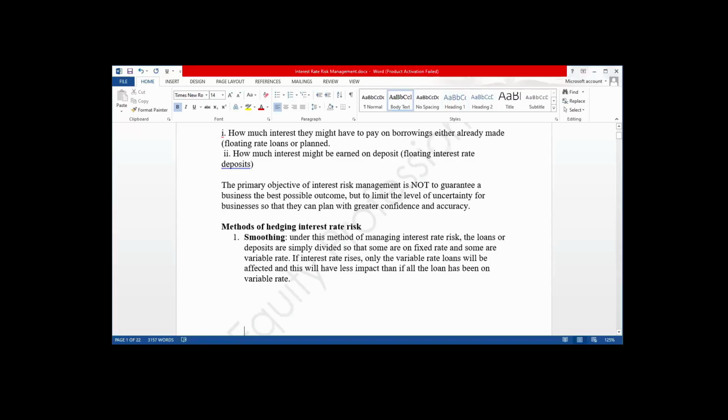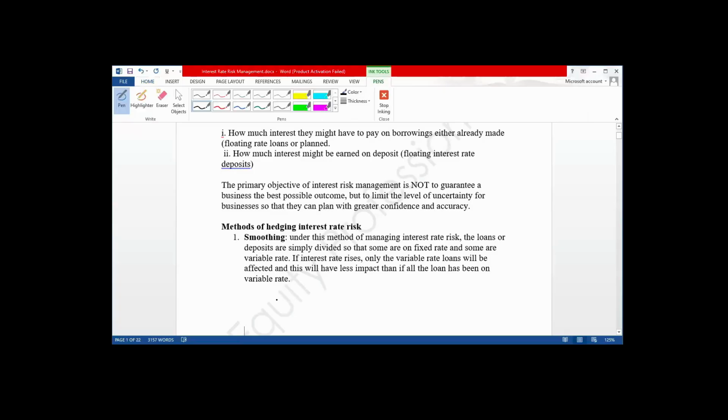You can decide to divide it into two. 50 million will be at a fixed interest rate.